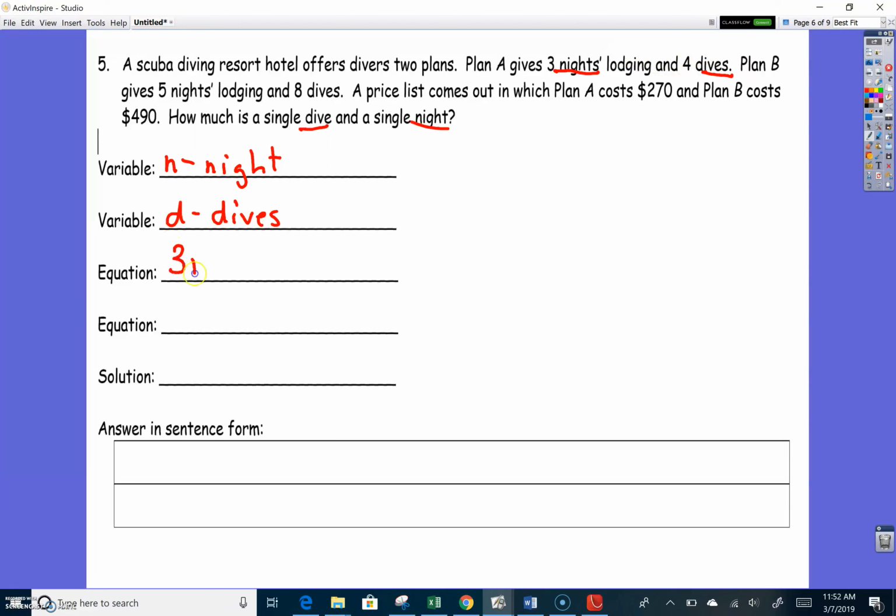So 3N plus 4D equals, and it tells me Plan A costs $270. Then I'll go to Plan B, 5 nights, 8 dives. 5 nights plus 8 dives. See how they're structured the same, just different numbers. Plan B costs $490.